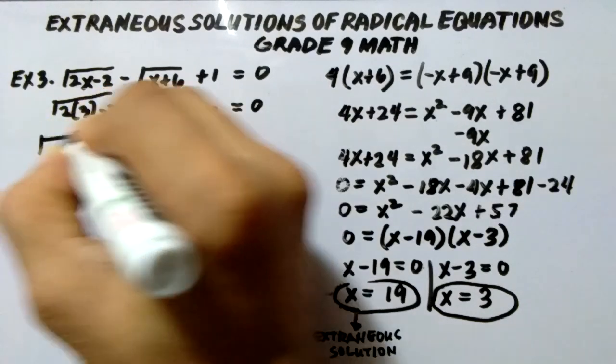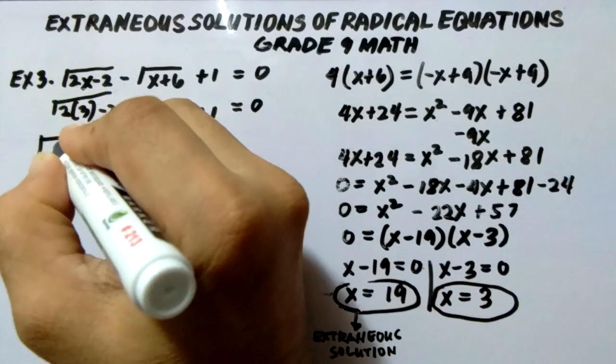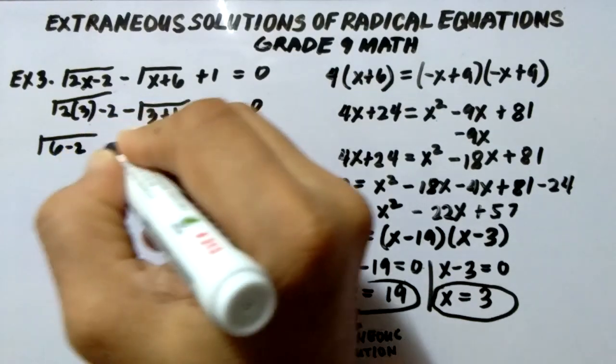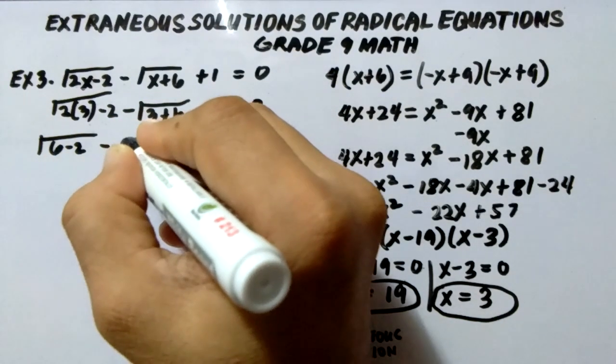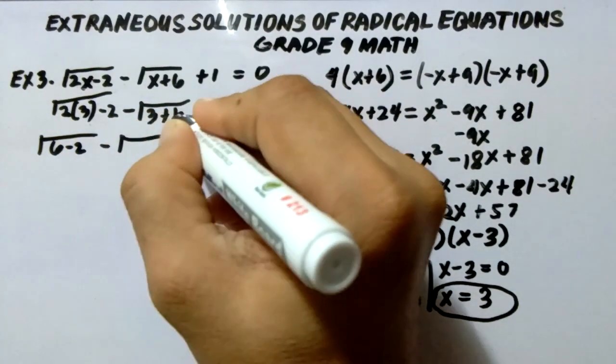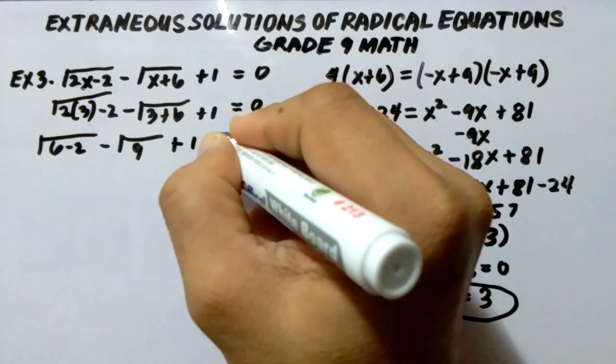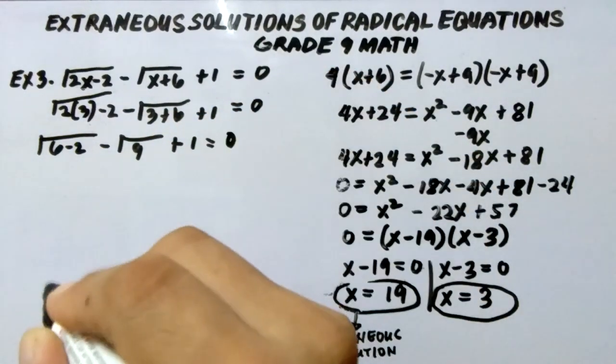So we have square root of 2 times 3, that is 6. So minus 2 minus square root of 3 plus 6, that is 9, plus 1 is equals to 0.